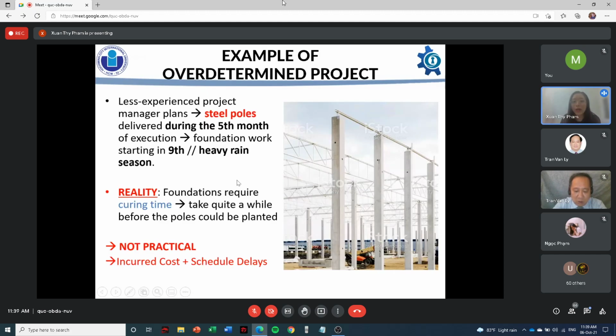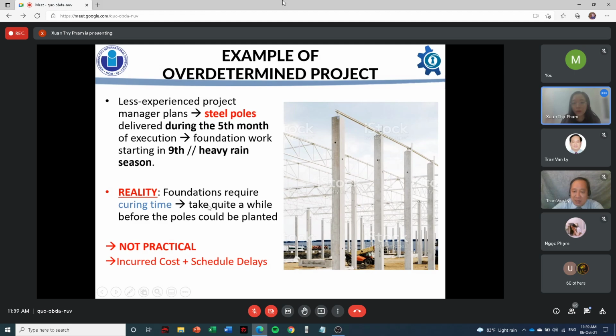Here we have one example of an overdetermined project. This project is led by a less experienced manager. He plans the steel bolts to be delivered during the 5th month of execution. However, the foundation work starts in month 9, and foundations also require curing time.